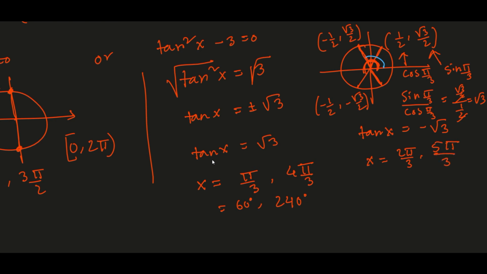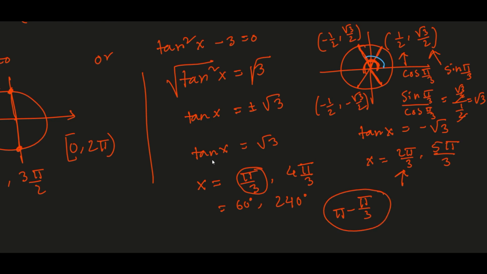How did I get this value or this value? Well, if you initially know the first part pi over 3, we can easily get the other values. To get this value 2 pi over 3, we subtract pi over 3 from pi.